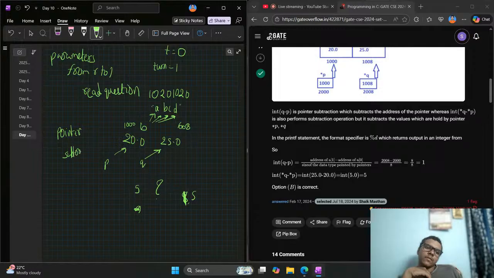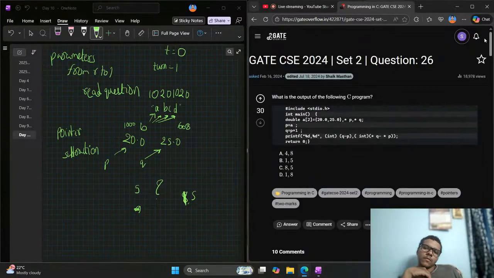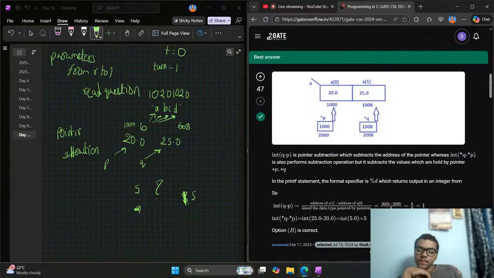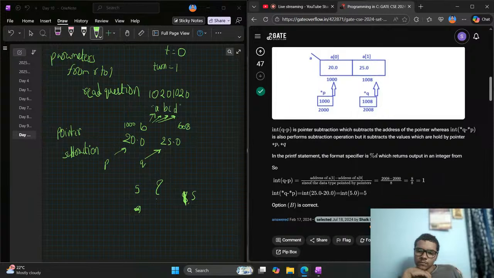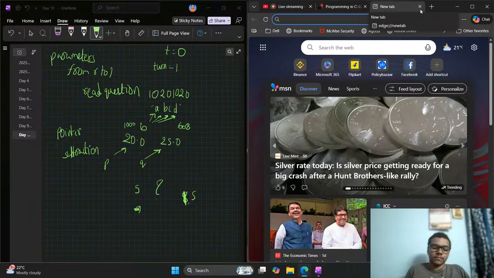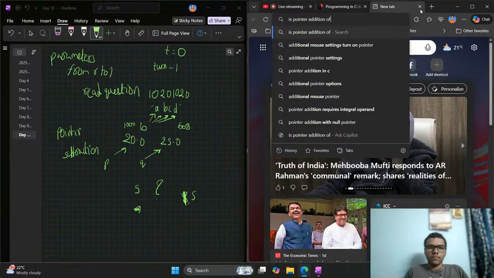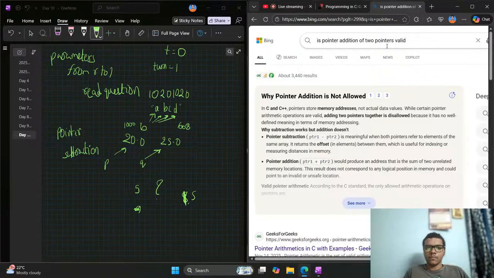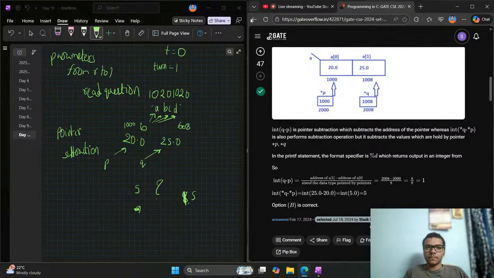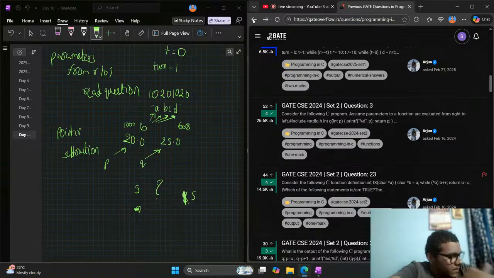Pointer subtraction. Oh yeah. So you can add a number to a pointer, and you can subtract two pointers.